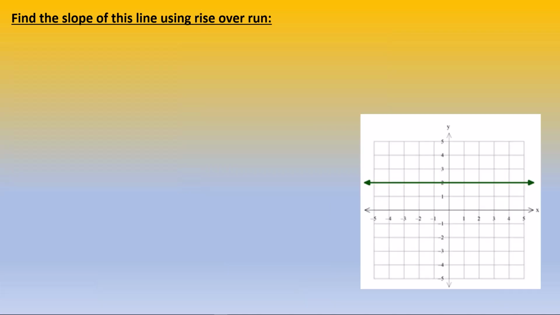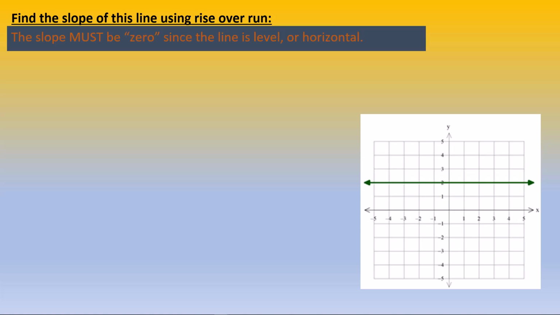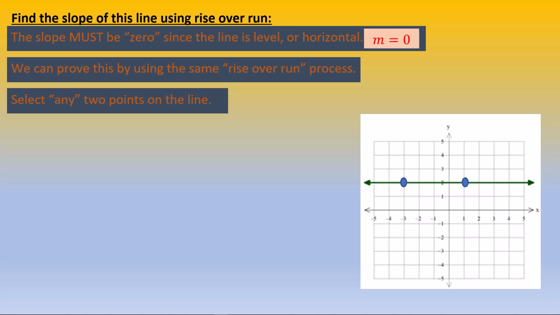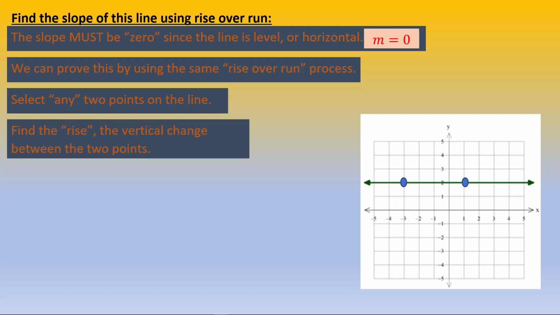Find the slope of this line using rise over run. Well, the slope must be 0, since the line is level, or horizontal. We learned that earlier. M equals 0. M is the letter for slope. We can prove this by using the same rise over run process. Select any 2 points on the line, find the rise, the vertical change between the 2 points.